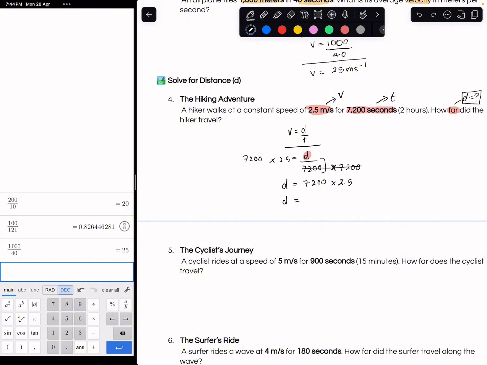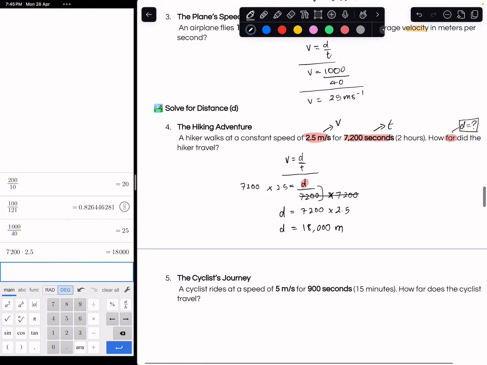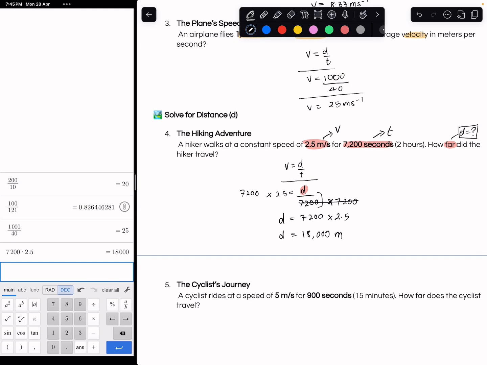So let's go ahead and do that. 7,200 times 2.5 leaves me with 18,000 what? Meters. So the hiker has travelled 18,000 meters, and that's our answer.